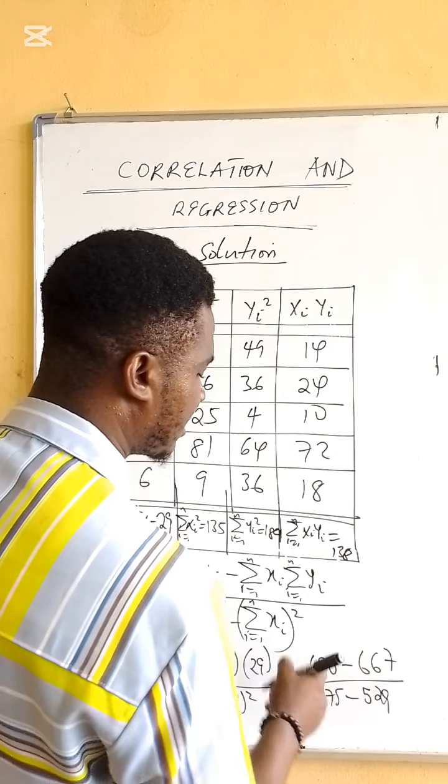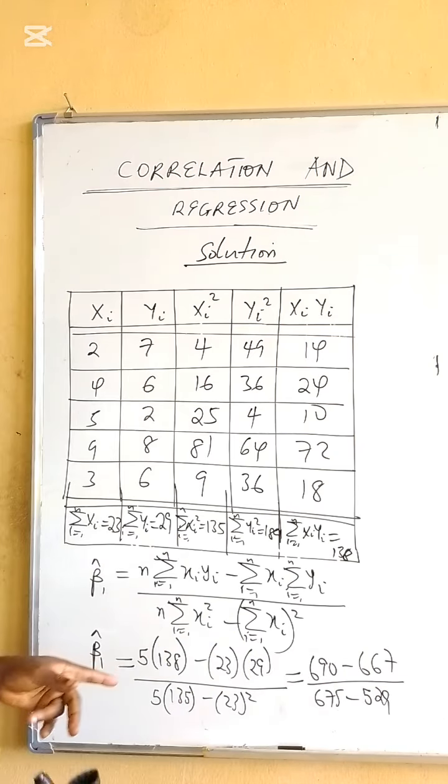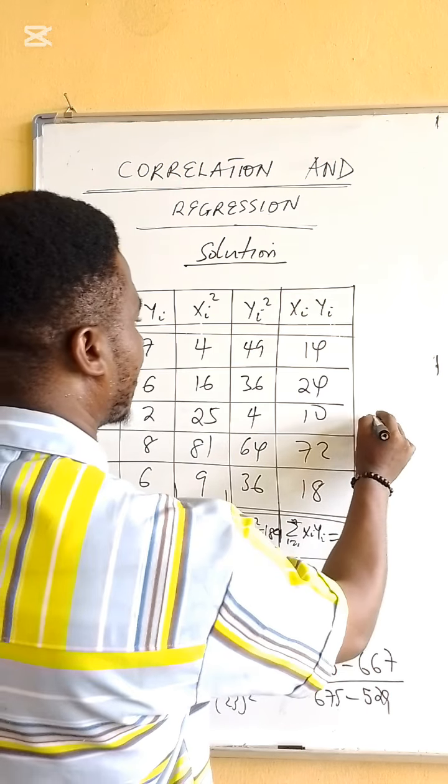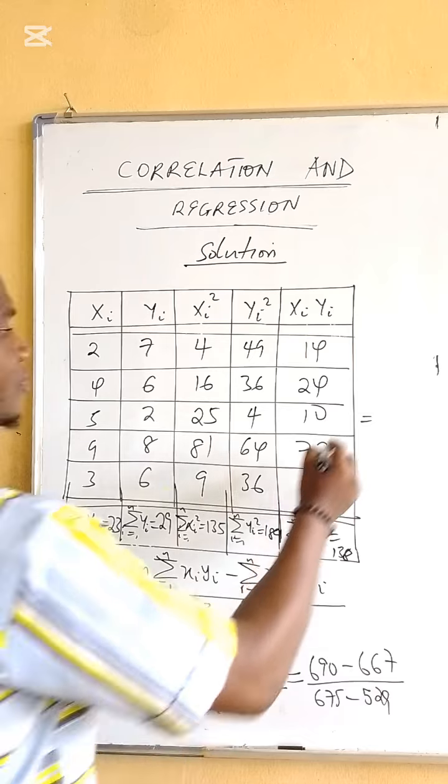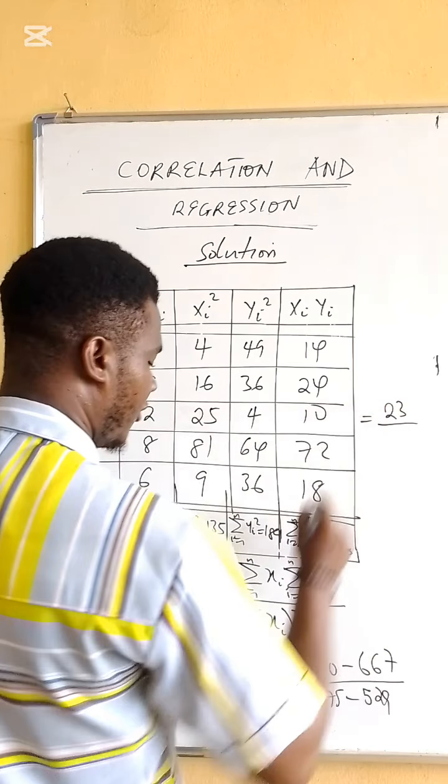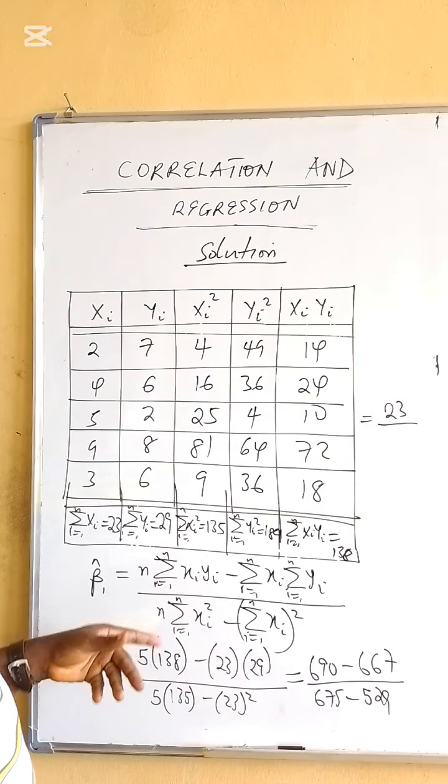So let's bring that result here. 690 minus 667 gives you 23, all over 675 minus 529 gives you what?